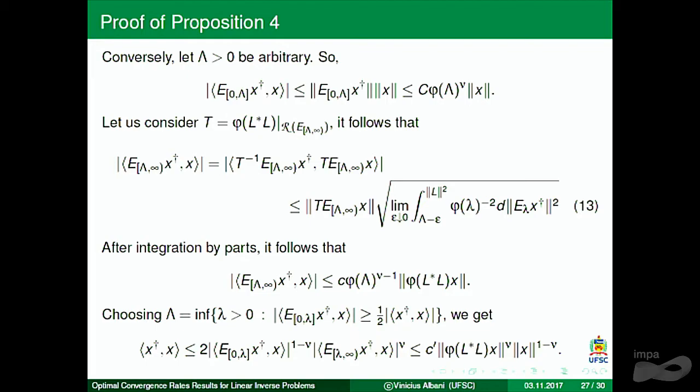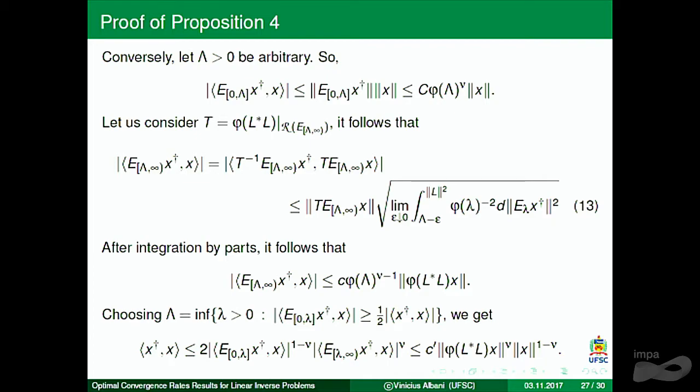The first one is easy to estimate, but the second one is more involved because we need this operator t, which is invertible too, because we took out the 0 because capital lambda is greater than 0. So it's invertible, and then we put it in this scalar product. And then break this in this norm here and this integral.